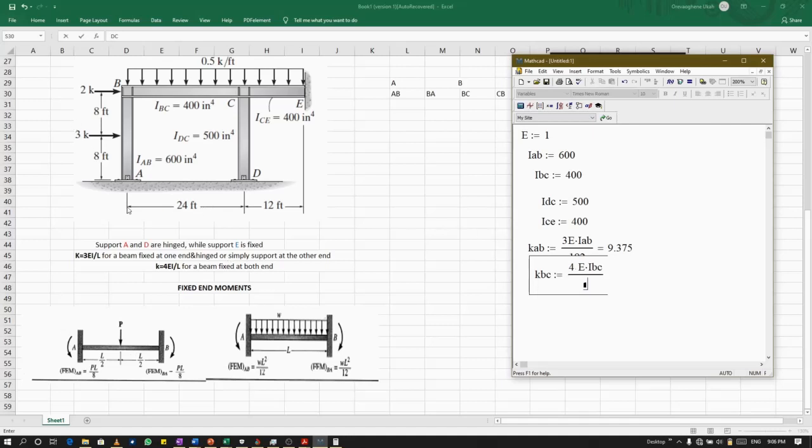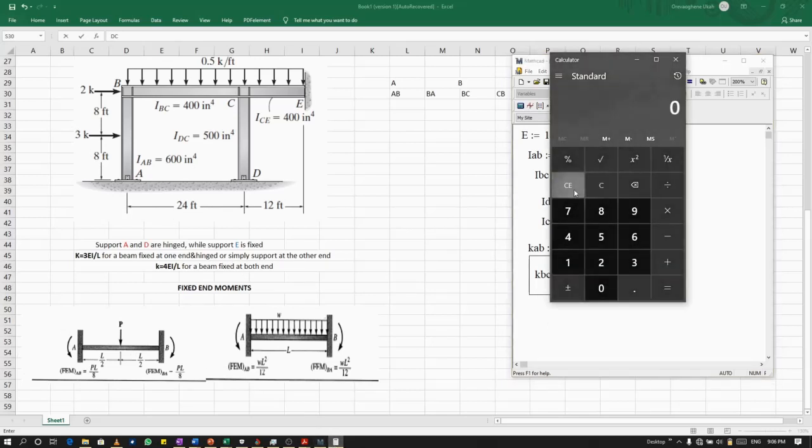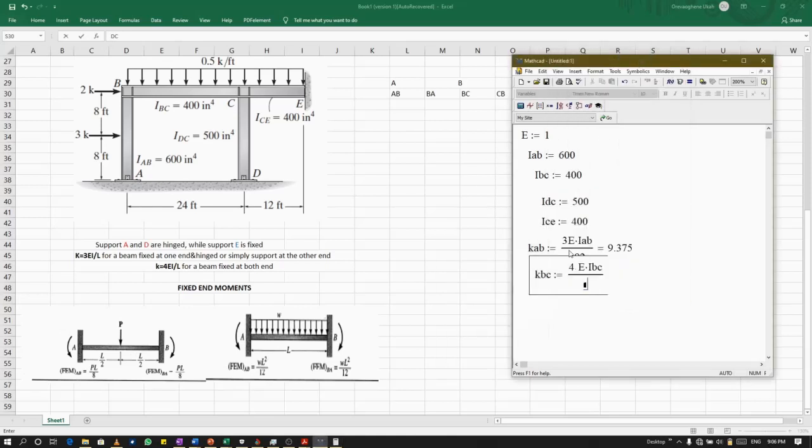Our length is 24 feet, so 24 times 12. So let me just use the calculator to do that. I want everybody to be on the same page with me. 24 times 12, that will give us 288.